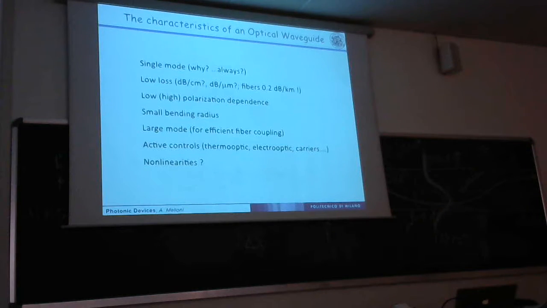But assume you have a WDM system, so many channels. You have to separate the other channels. You have to put a filter to extract your mode. Or maybe you want to combine your signal with the local oscillator, the laser. Or you want to split the polarization. You want to do something. At that point, you need an optical device, a photonic device.